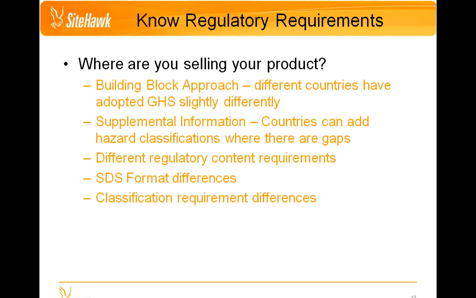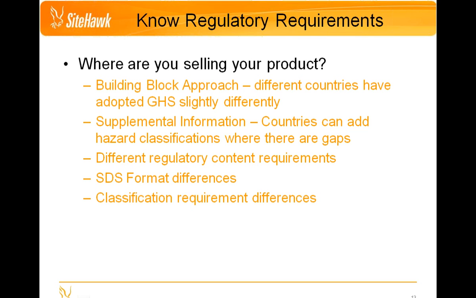Another reason is because different countries have different regulatory content requirements. There are also safety data sheet format differences from country to country. And finally, there are classification requirement differences across different agencies and countries. And we're going to go into each of these just a little bit more in depth, correct?